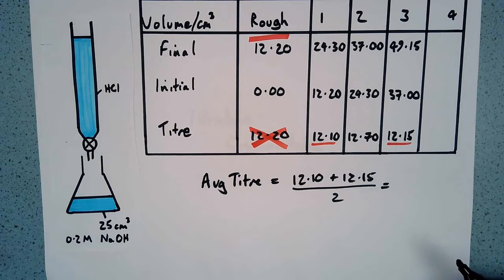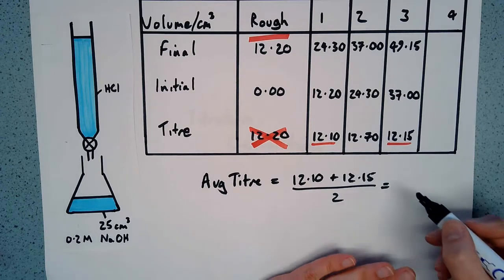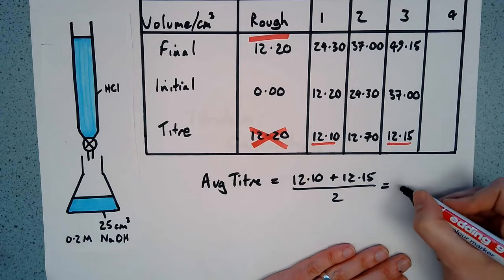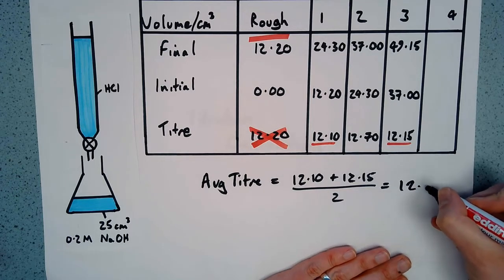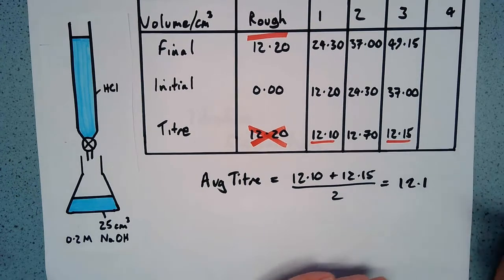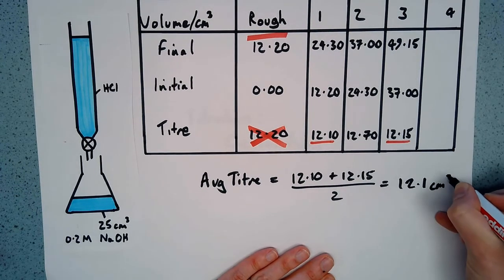Although there's no guidance, it's perfectly fine to round it to 3 significant figures. I would tend to round to 3 significant figures here. So we would end up with 12.1 centimetres cubed as our average titer.